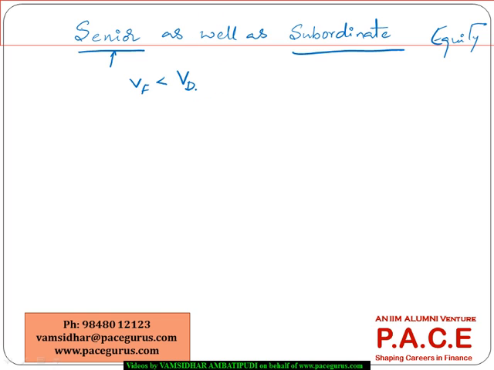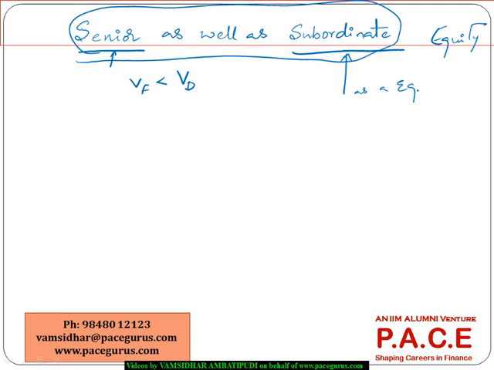So the subordinated debt, especially when I am looking at only these two forms, is as good as valuing subordinated debt as an equity. Right? Probably if I have debt and equity, I am valuing equity as a call option on the whole firm, where the strike price is equal to the value of the entire debt.